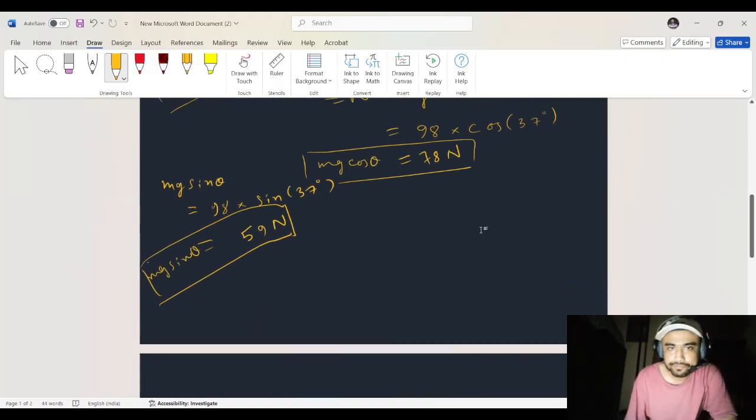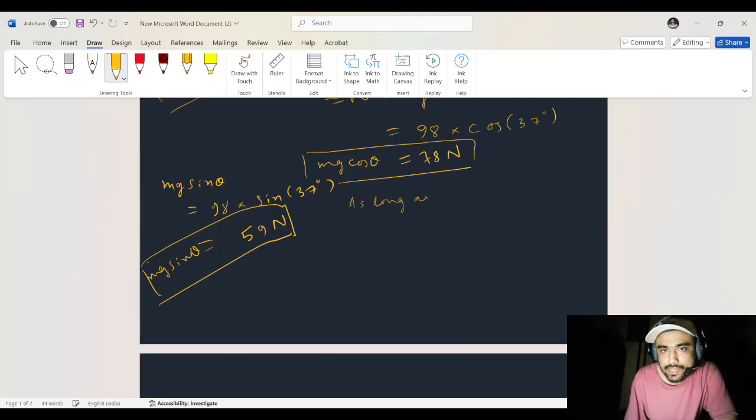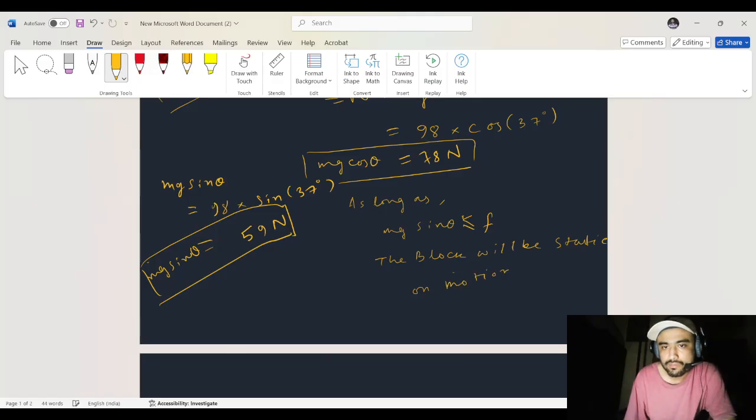So we can write, as long as mg sin theta is less than or equal to the frictional force F, the block will be static or motionless.